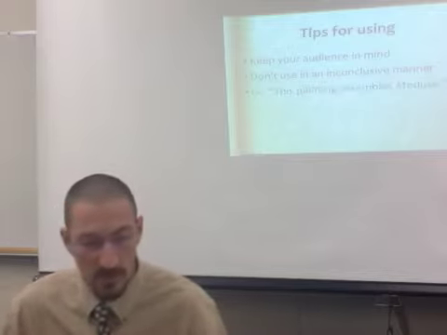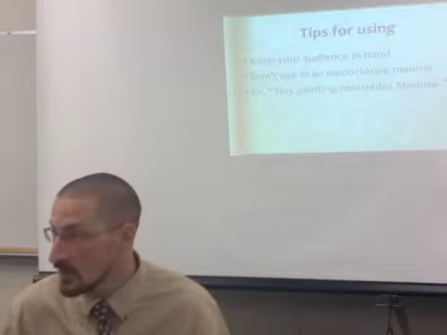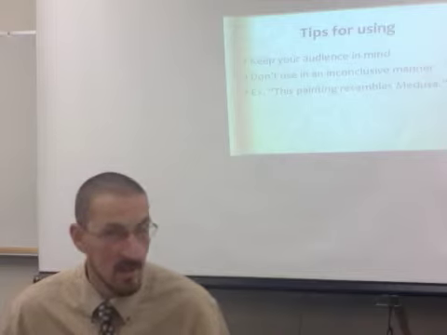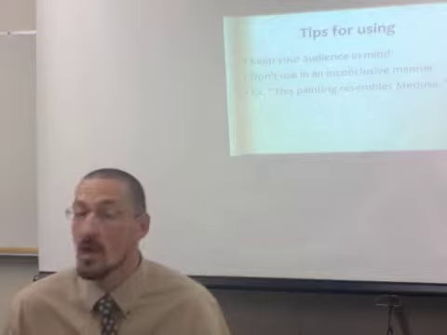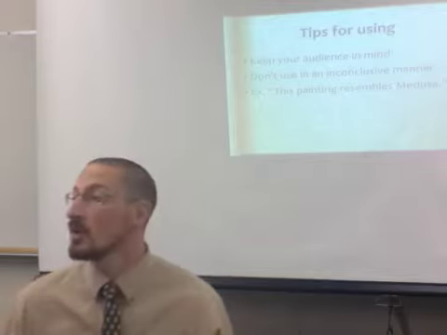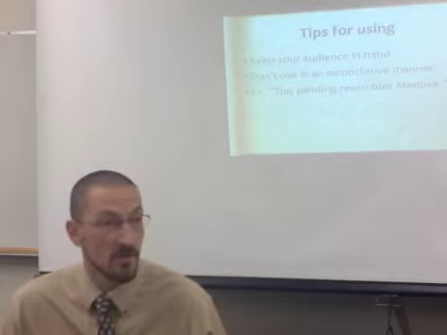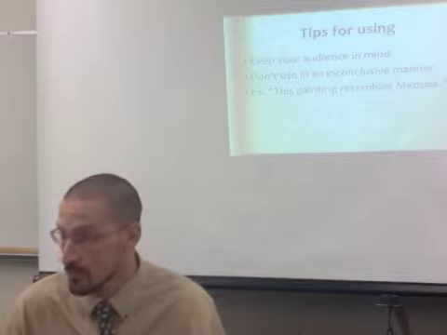This painting resembles Medusa. Well, does that mean it's a painting of snakes? Does that mean it's a painting of a monster? Does that mean it's a painting of an angry woman, right? We don't know. She's also beautiful, so at one time. That too, right? So this allusion here is inconclusive. It doesn't give the reader enough information. Okay?